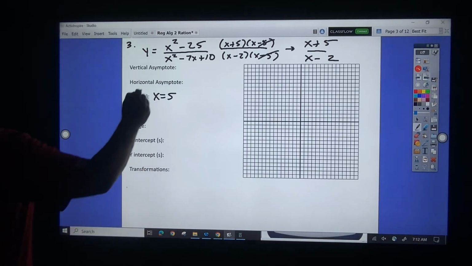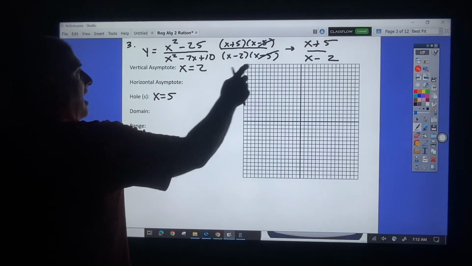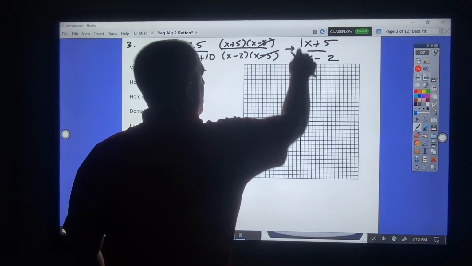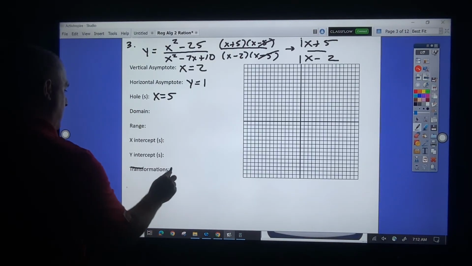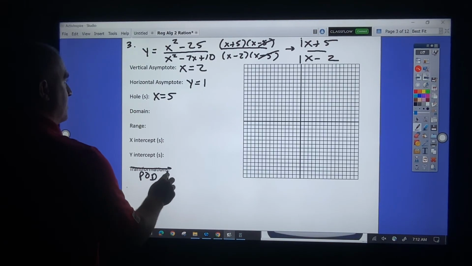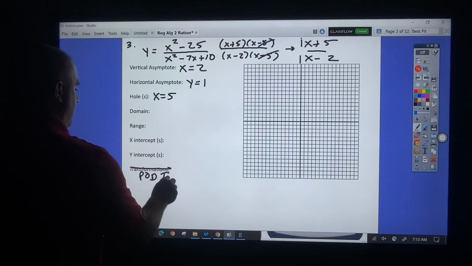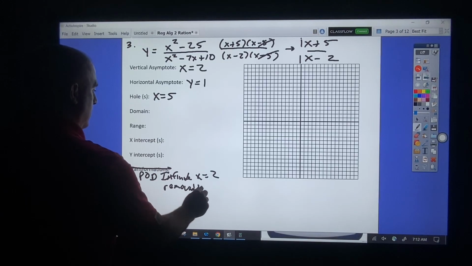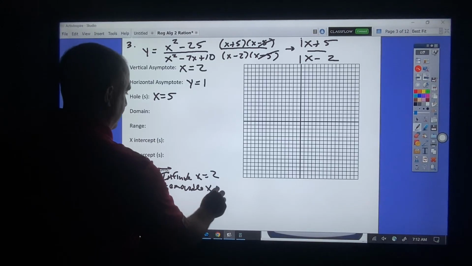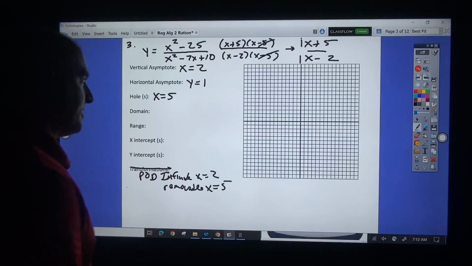So my vertical asymptote is x equals 2. I have the tie scenario, so 1 divided by 1 would be 1. So my points of discontinuity, I have an infinite at x equals 2. I have a removable at x equals 5. I can graph these.